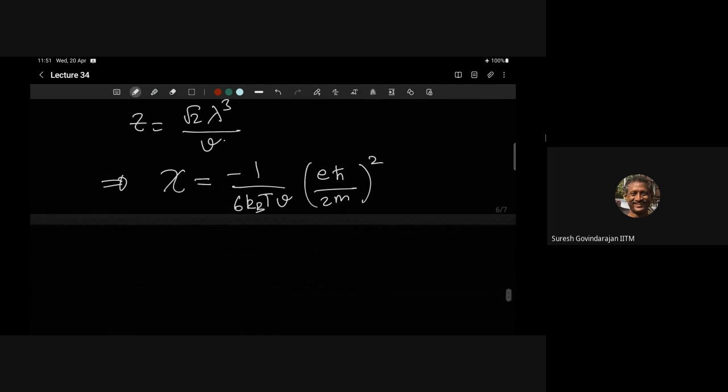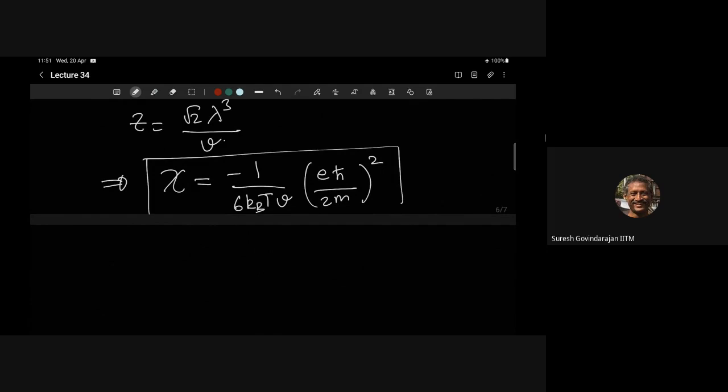I will not worry about the 6 or 12. That is important, but I think the crucial points here are that we got the 1 upon T dependence, and we also see how it depends on the various parameters in the problem.